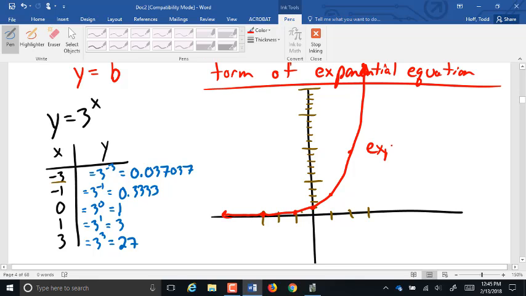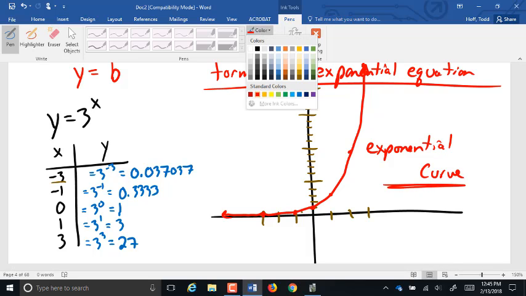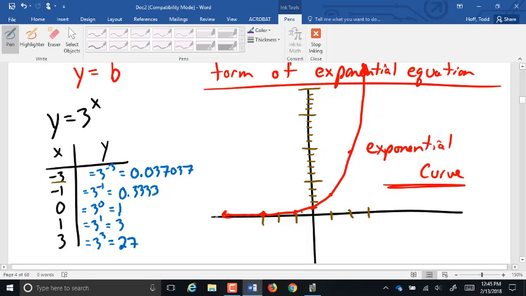That is called the exponential curve. A couple of very important things about this curve. One is you'll notice no matter how small x gets, x can be -100, this is never going to get below 0. Y will never be negative here. So this has what we call an asymptote. You don't need to necessarily know that word.